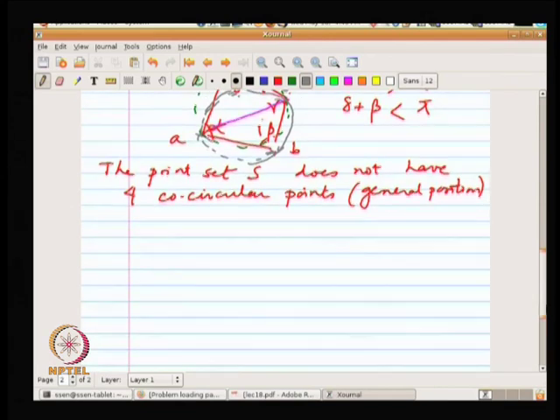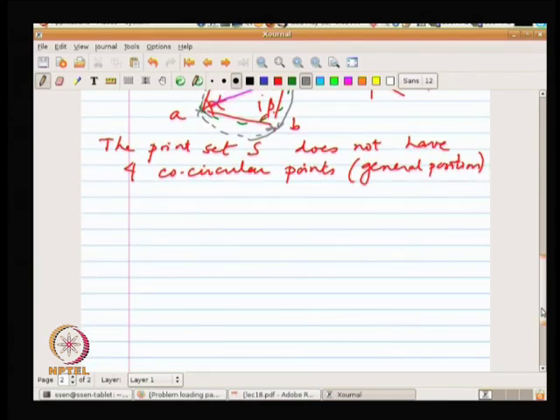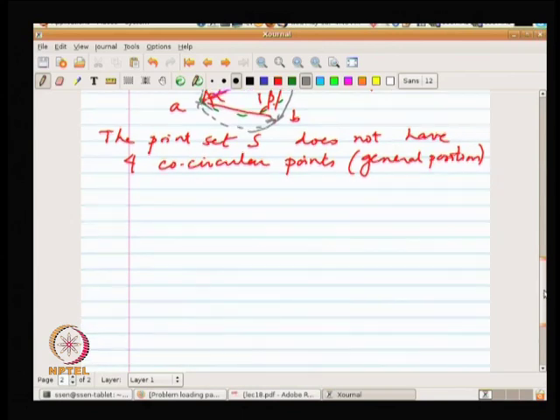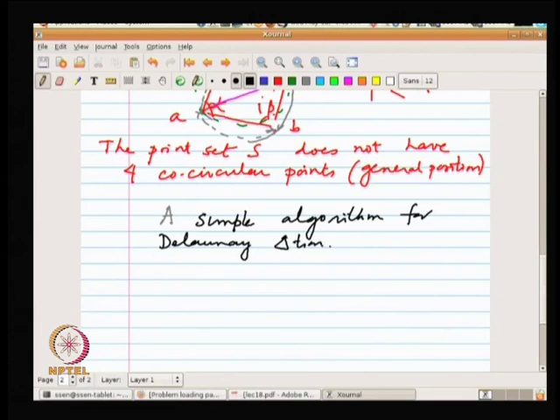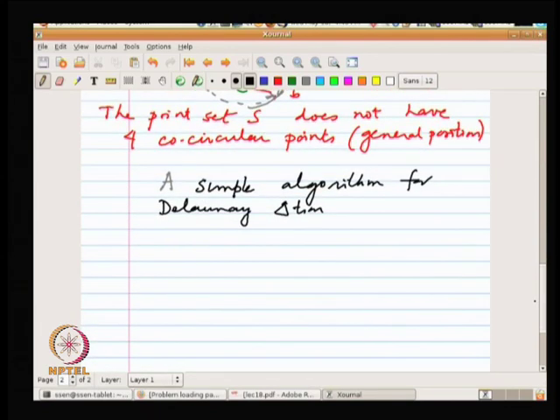Namely, let us say that we want to construct a Delaunay triangulation. So a simple algorithm for Delaunay triangulation would do the following.